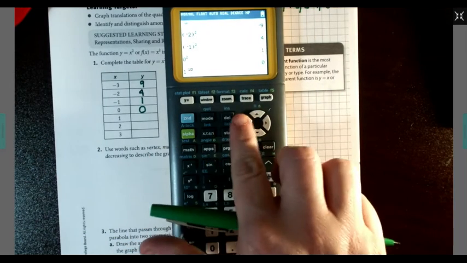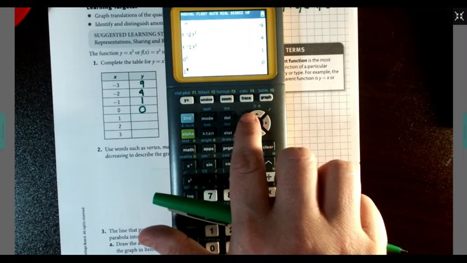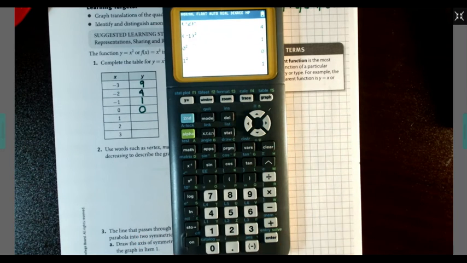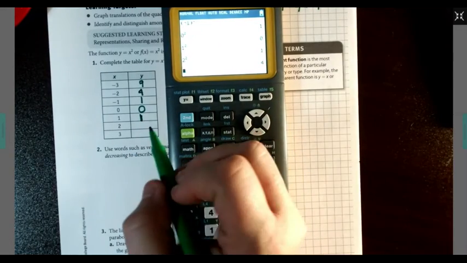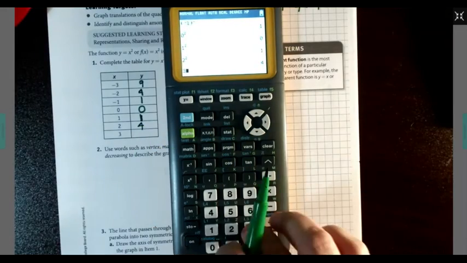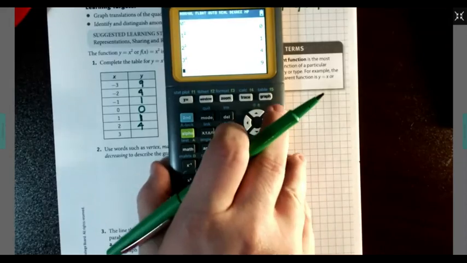One squared is 1. 2 squared is 4. And 3 squared is 9.